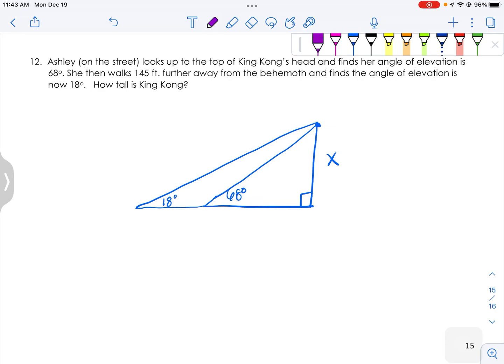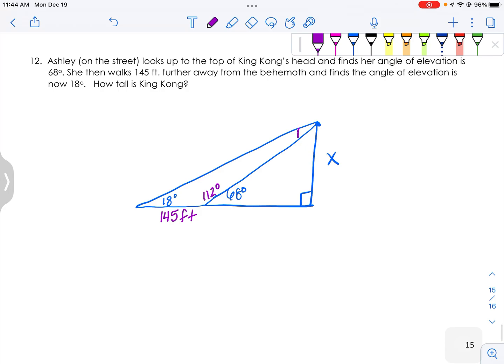The first thing I would do, after setting up a diagram like this, is label. I know this was 145 feet, and then 112 plus 68 is 180, so I can complete that angle there. Then I can finish off this triangle, and I know that this is 50 feet. Since both of these triangles share this side length, I would start by finding that value using law of sines and finding y.